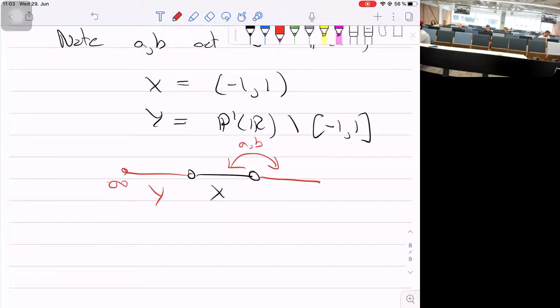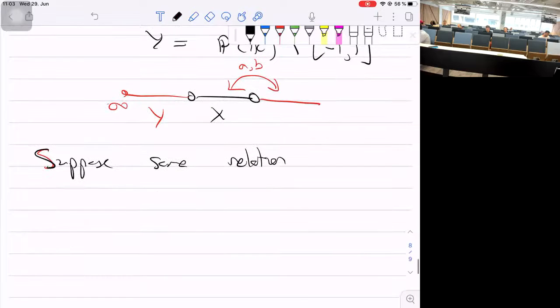So now, suppose there is some relation. It's going to be in the form A to some integer power, times B to some integer power, times A to some integer power, times B to some integer power, and so on.